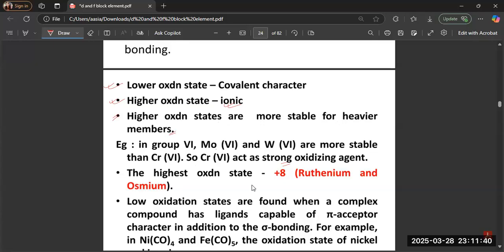And the highest oxidation state is +8, which is shown by ruthenium and osmium. Okay, osmium and ruthenium show the highest oxidation state, which is +8.